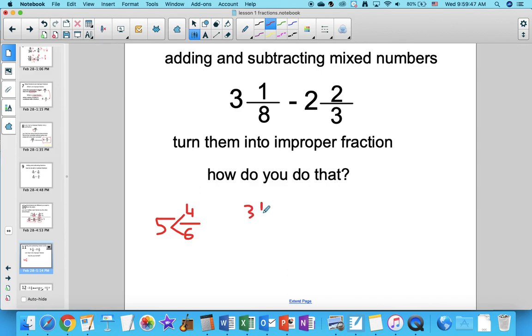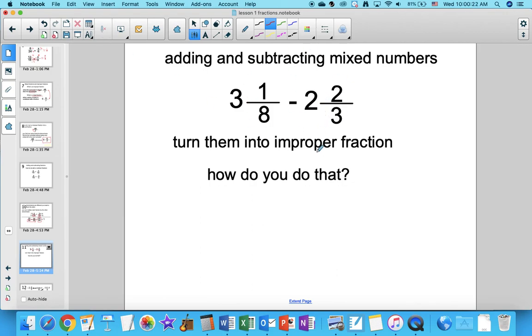So now I have 34 over 6. And there you go. Now you could simplify it by dividing it by 2, and you could get 17 over 3, and you can't really work with that anymore, so that would be the simplified improper fraction. Turning mixed numbers into improper fractions is a good step to make things relatively easy.